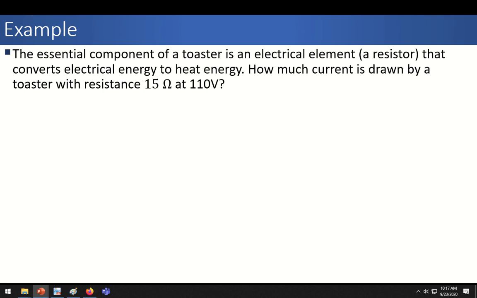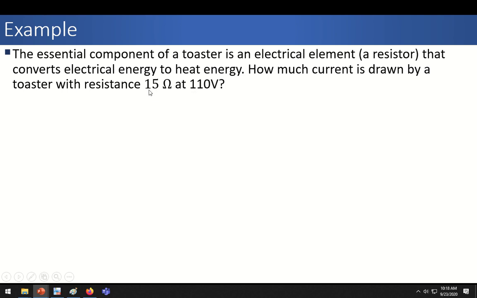From electric circuit analysis we can assume that a toaster is a resistor. Its function is to convert electrical energy to heat energy. From the electrical point of view, this statement is not that important. The important part is how much current is drawn by the toaster with resistance 15 ohm at 110 volt.